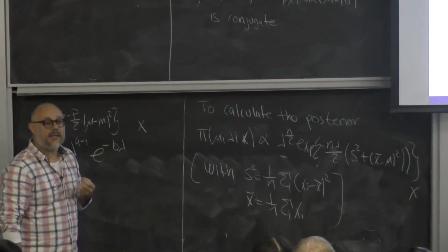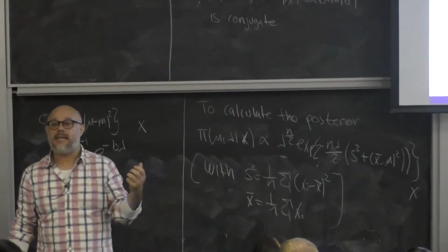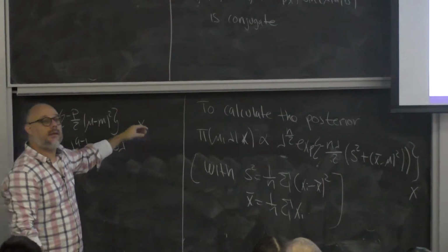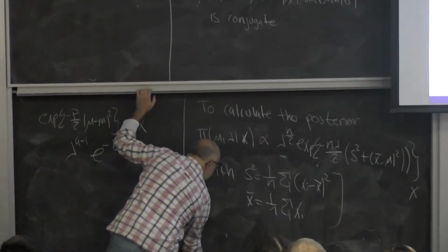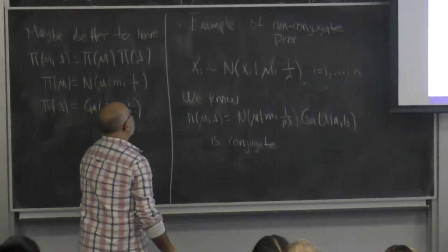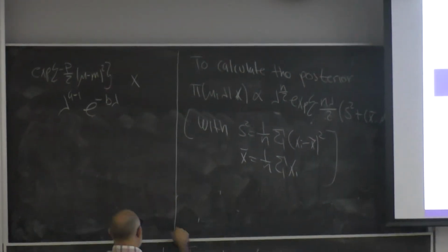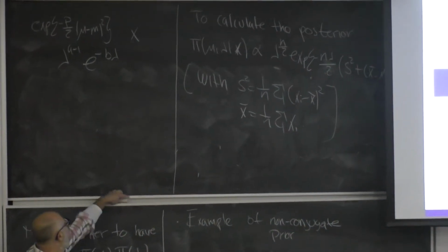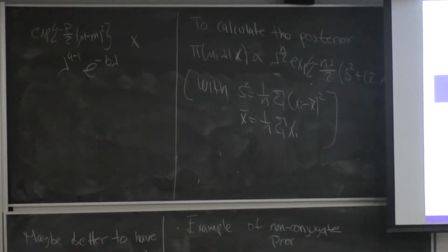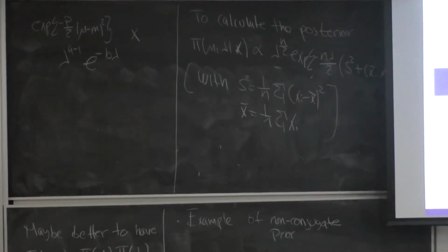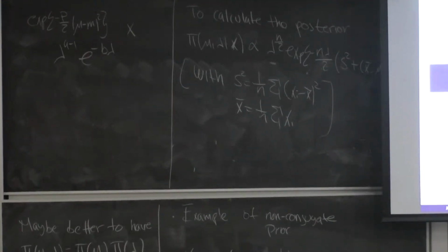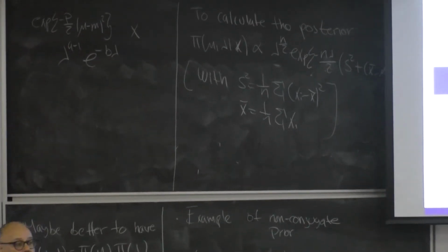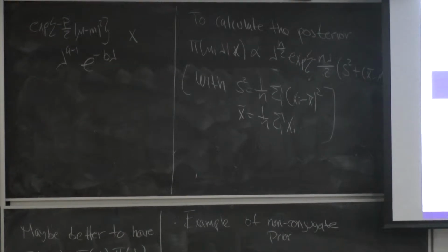Now, if we want to find the normalizing constant, we will need to integrate these out with respect to both parameters. So let's try and do that.